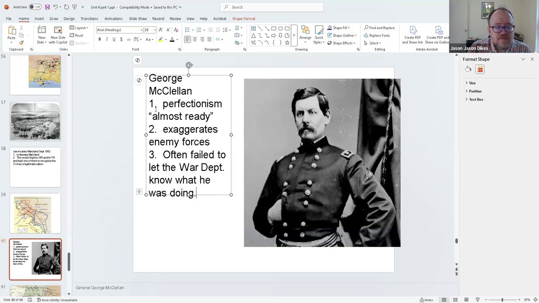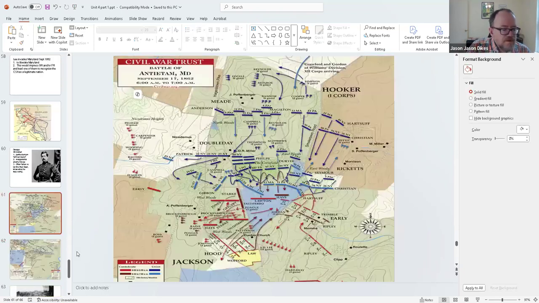These problems, particularly number one and number two, are going to haunt him at Antietam. Antietam is one day, September 17th, 1862. Early in the morning, most of the action is around this cornfield.